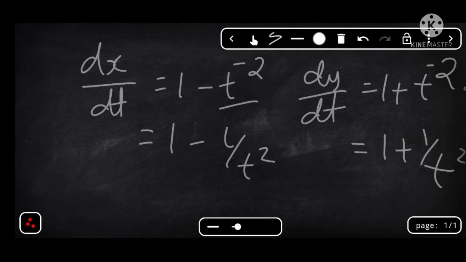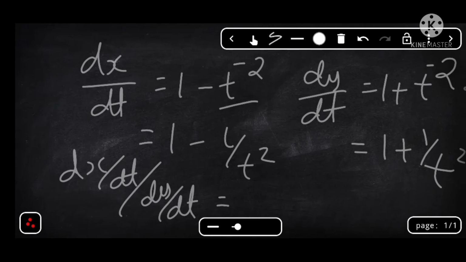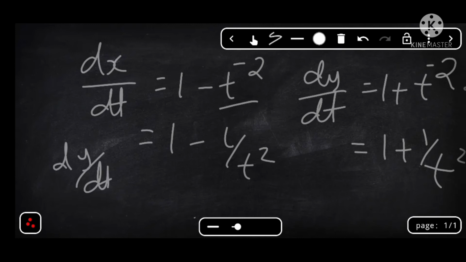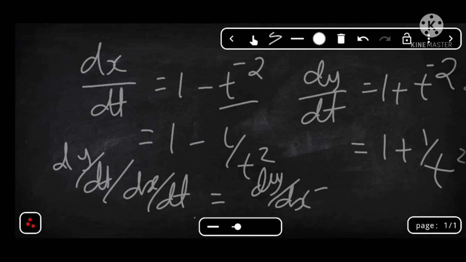Okay, let's find out dx by dt divided by dy by dt. We are supposed to find out dy by dx, right? So now we can write dy by dt divided by dx by dt, that is dy by dx.